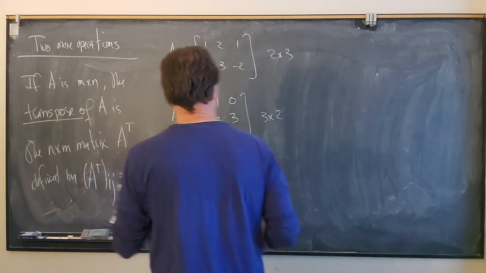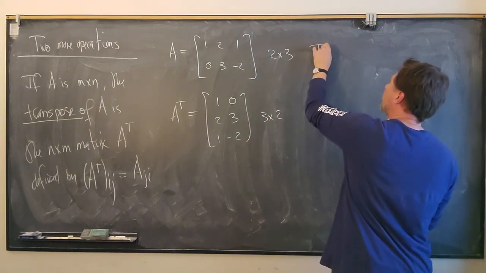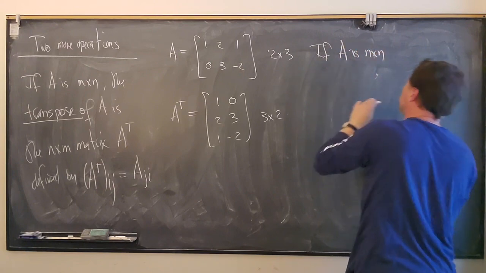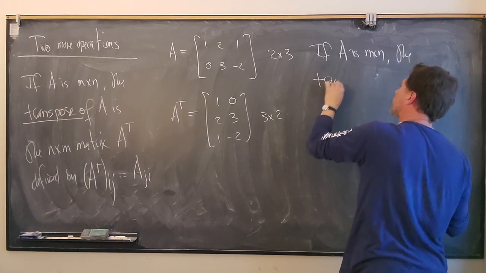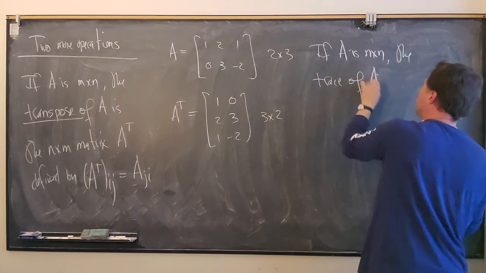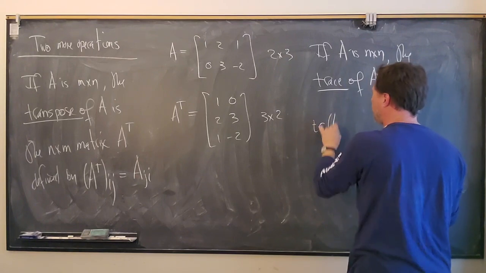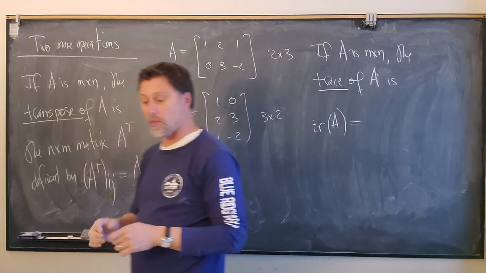In the case that we have a square matrix, there's another operation. So if A is n by n, the trace of A, usually written tr(A), is obtained like this. Remember, if we have n by n, then there's this thing called the main diagonal.